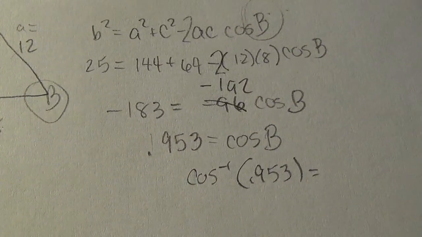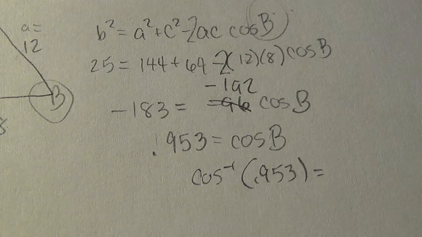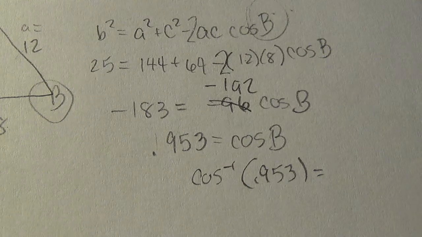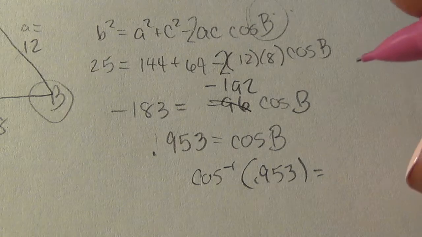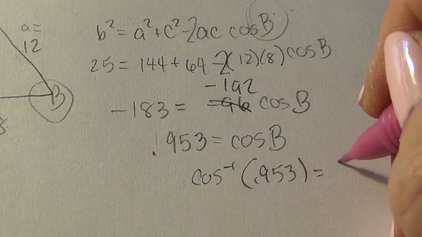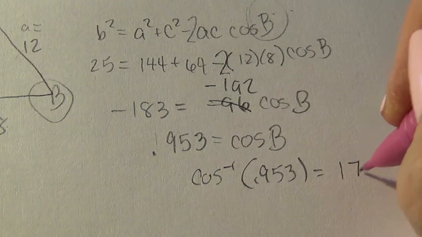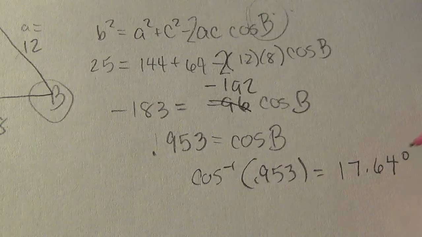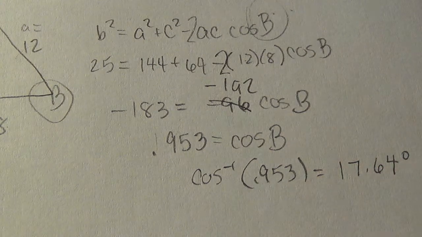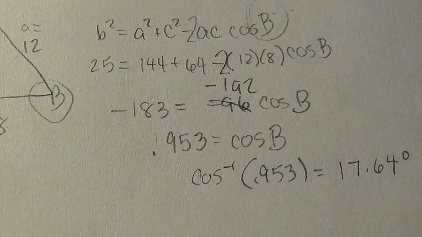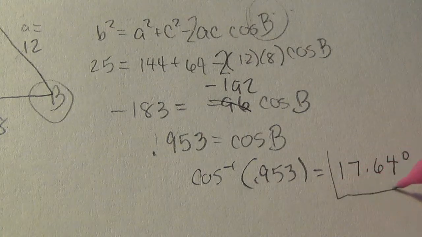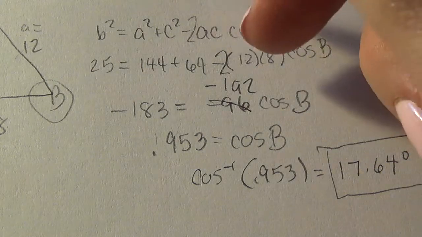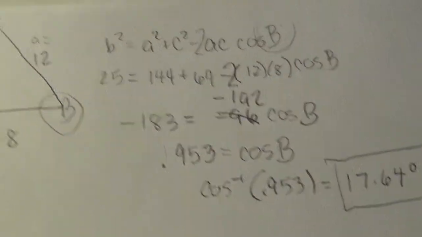And when I hit that, I get 17 point, how many decimals? 17.64 degrees. And that is very close to one of their answers, number 25. Yeah, that's right. Yay. So in the formula I forgot there's a 2, so make sure you make that adjustment.